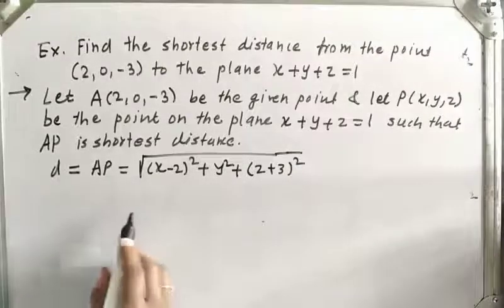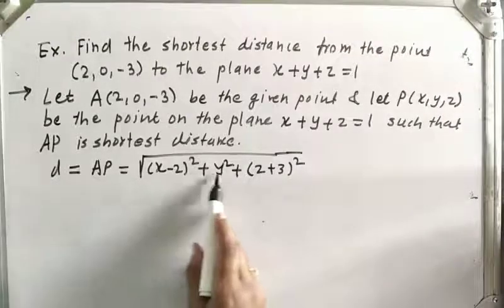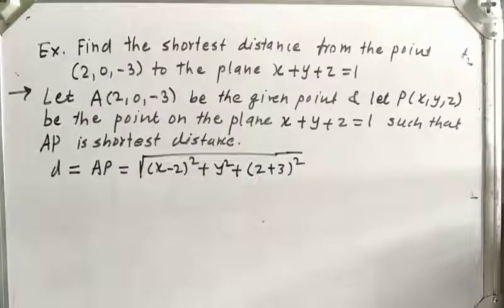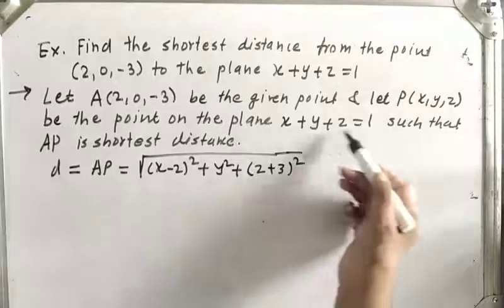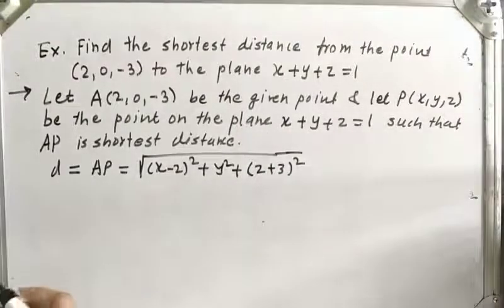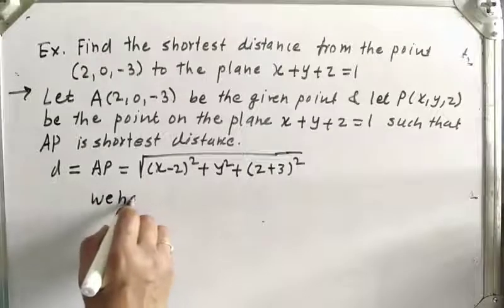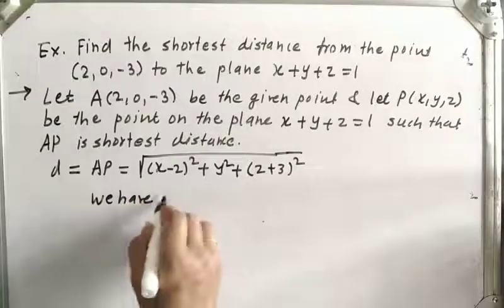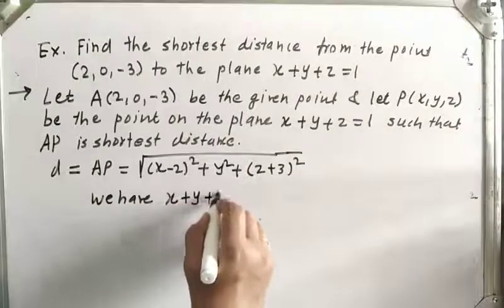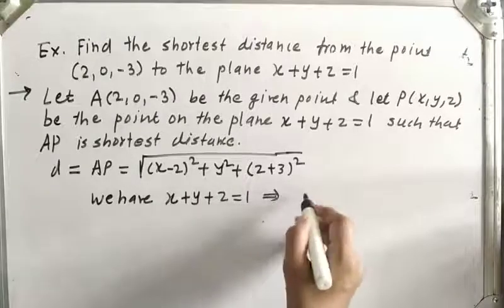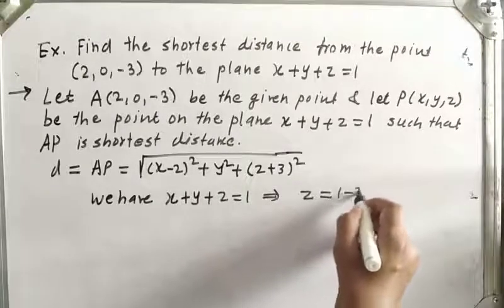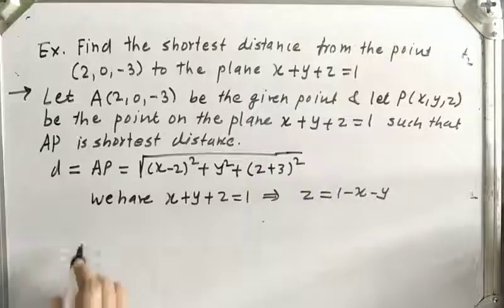Now here it is a function of 3 variables x, y and z. We will convert it into a function of 2 variables using the equation of the plane. The equation of the plane is x plus y plus z equal to 1. This implies z is equal to 1 minus x minus y.